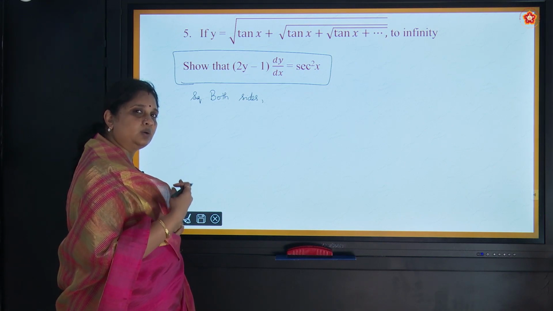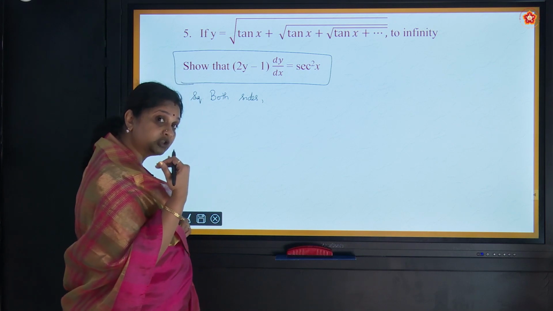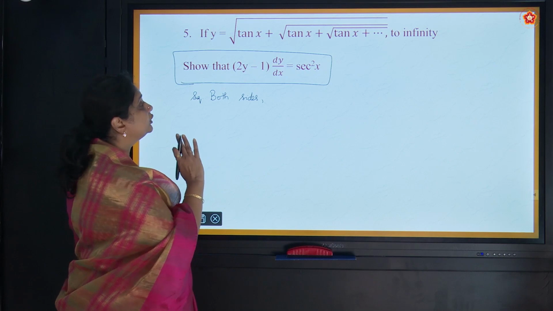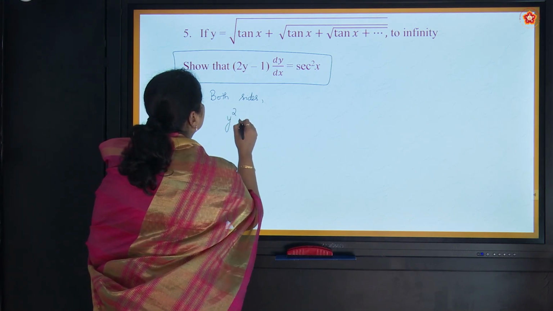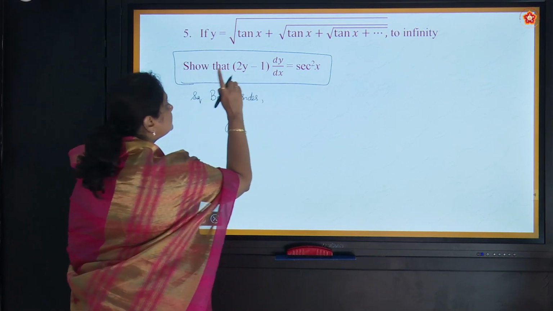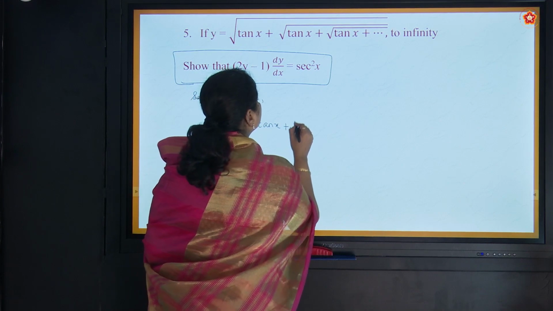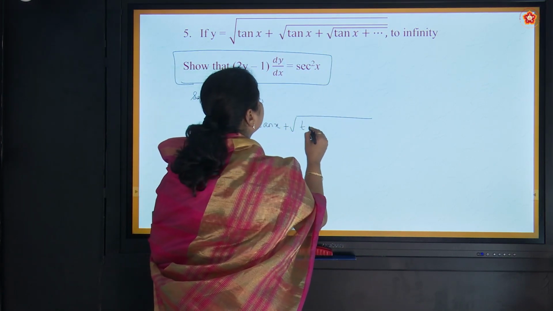Few questions back, we felt that expressing y in a convenient way and then differentiating it gave us a quicker solution. So here also we are going to do that only. So let's square both sides and write y square is equal to, when I square it, the root goes off. So I have tan x plus root of, only the outermost root goes off. So the inside term remains the same.